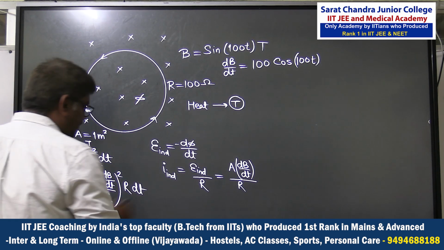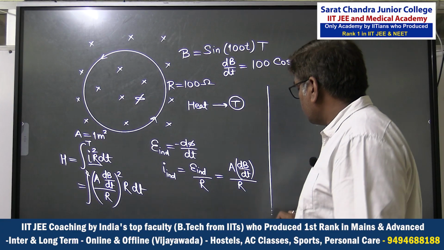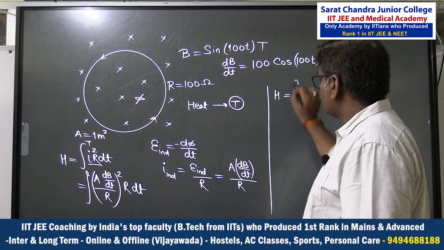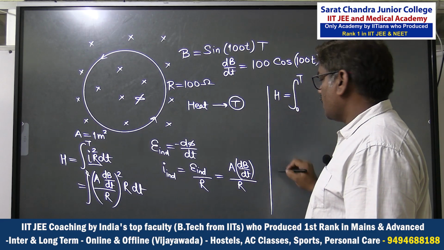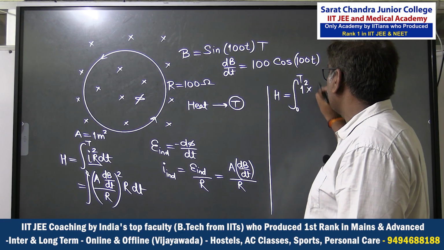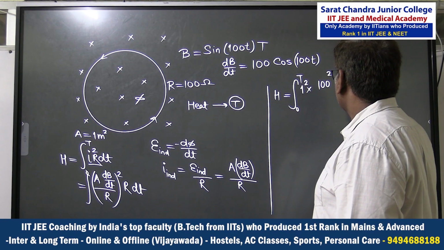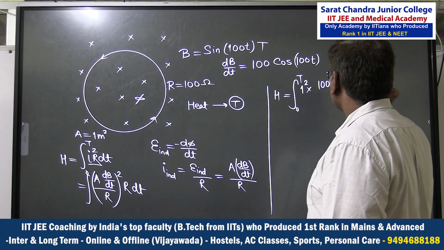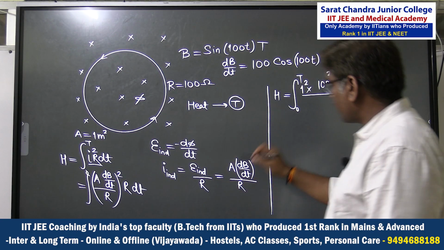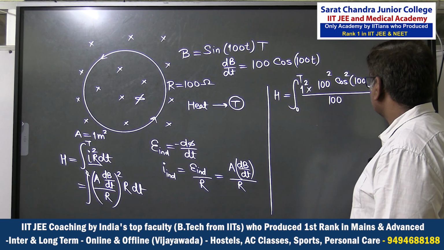There is a trick to solve it. We can write these values as integral 0 to t, area is 1, so 1 square into dB by dt, that is 100 square cos square 100t, divided by R. One R cancels, so that is 100 into dt.